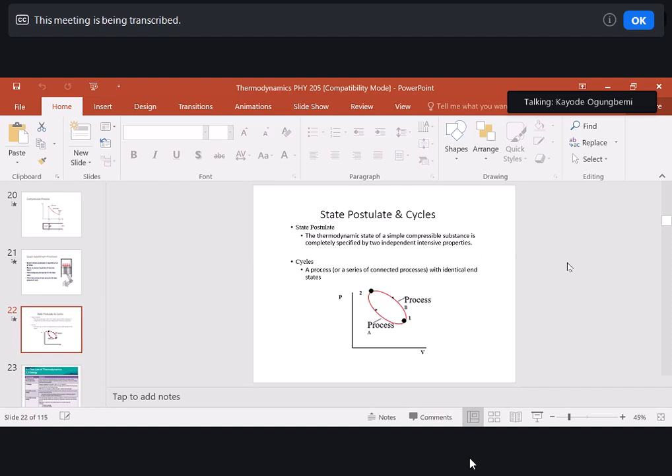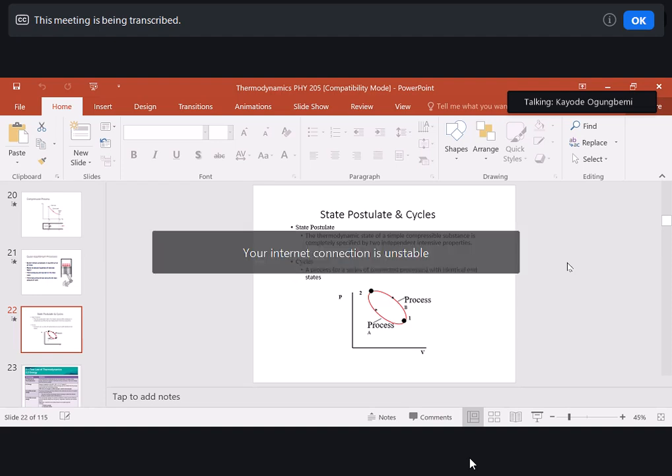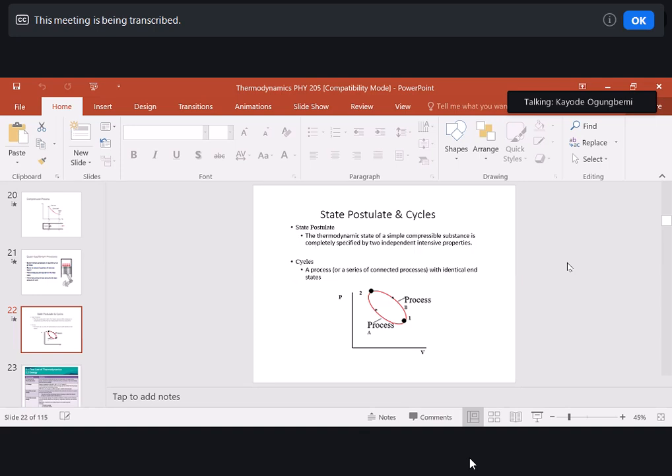When you look at the process, what happened between 1 and 2? That is process A. When you look at process A, the temperature is also higher.